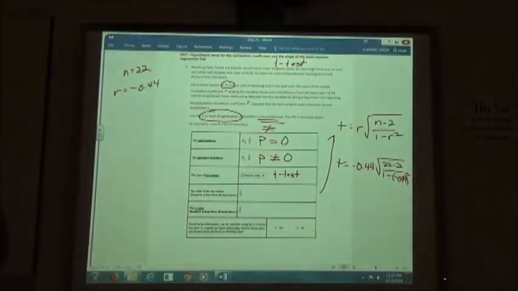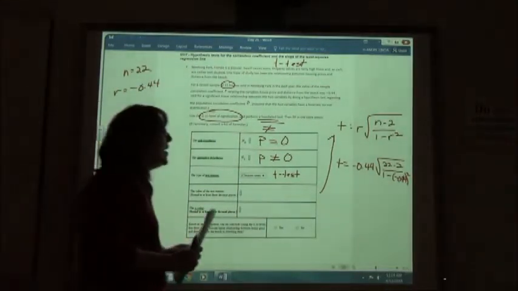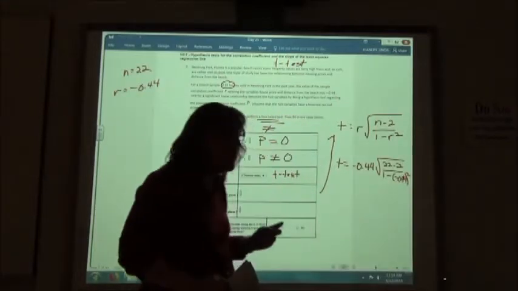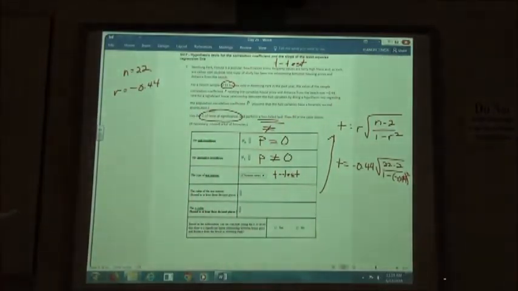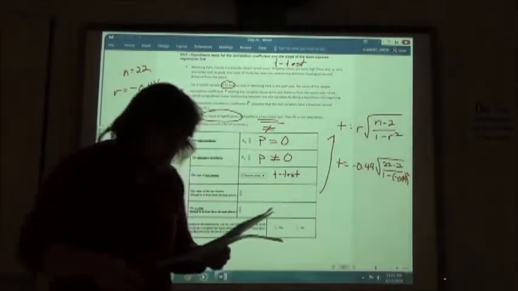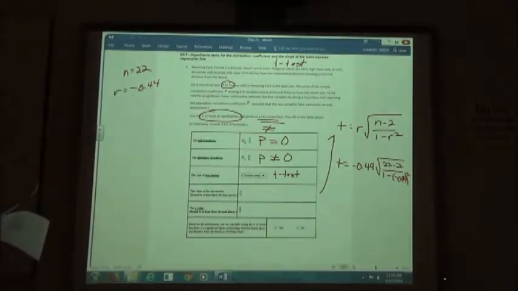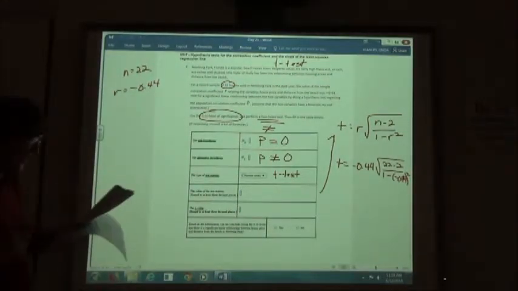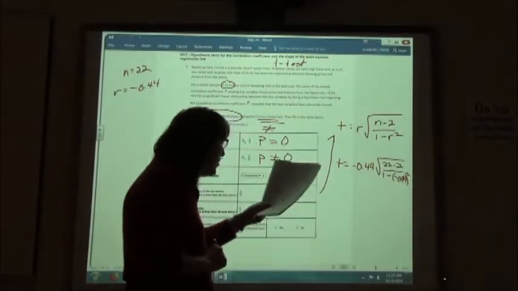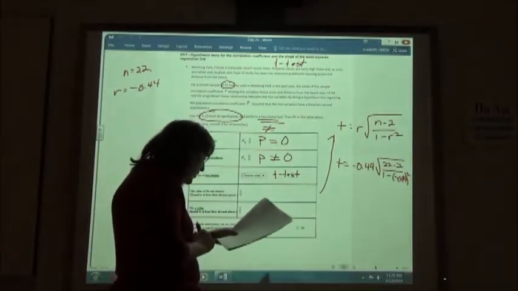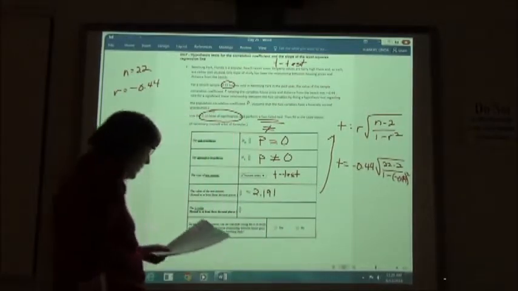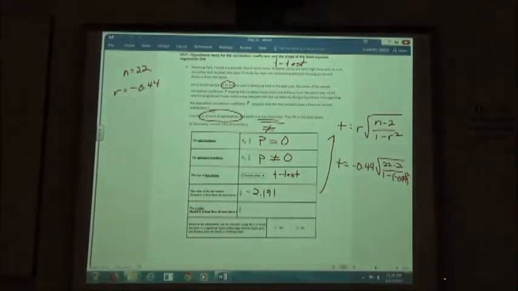Make sure here, since this is negative, you've got parentheses around your negative. We're going to punch that in on the calculator, or you probably could do it on your regular calculator since there's no t subs and x subs and all of that yet. If you've got that punched in and checked out, to 3 decimal places, you should come up with negative 2.191.